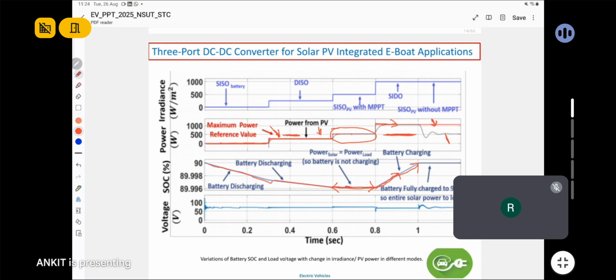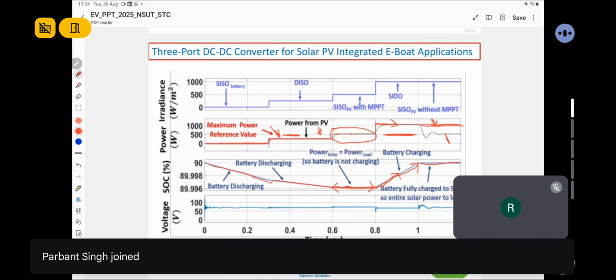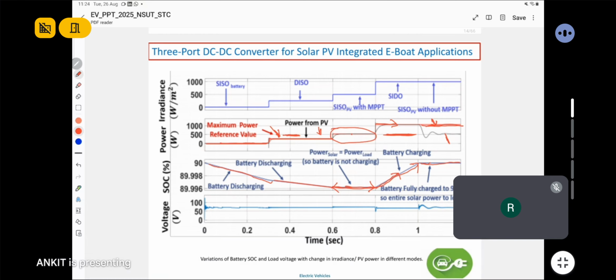In this region, the battery is fully charged, and the load power is less than the generated power, so no maximum power point tracking operation will take place.